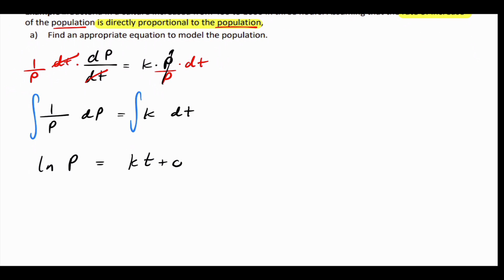Solve for P. What's P going to equal? Well, before we get there, it's going to be E to the KT plus C. All right? And then we can rewrite that as, right? It's the same thing. The only difference is instead of Y's, I wrote P's.